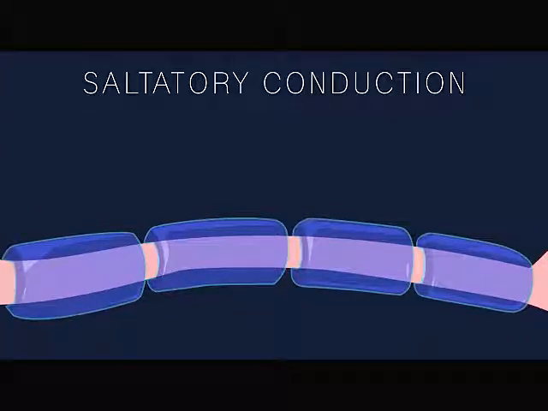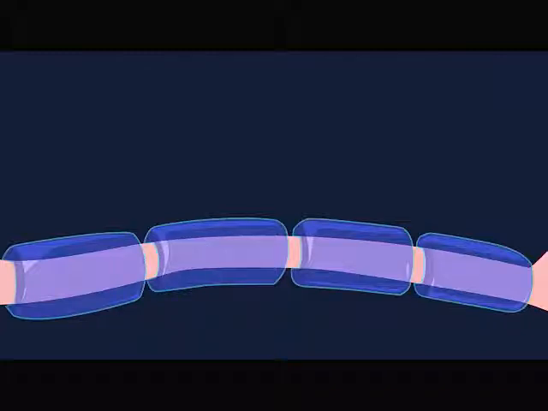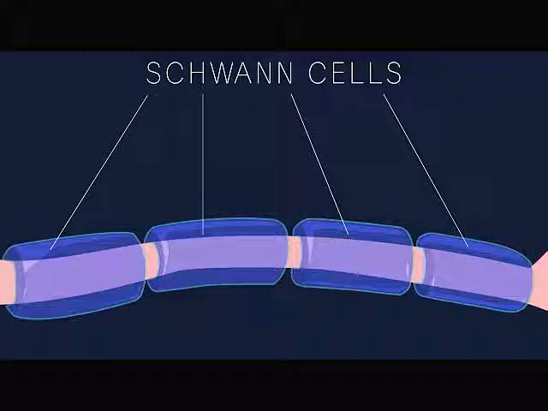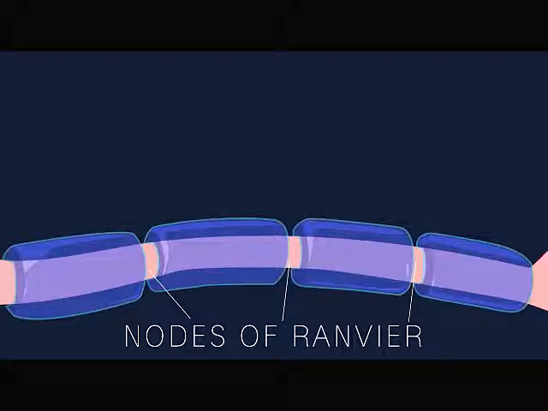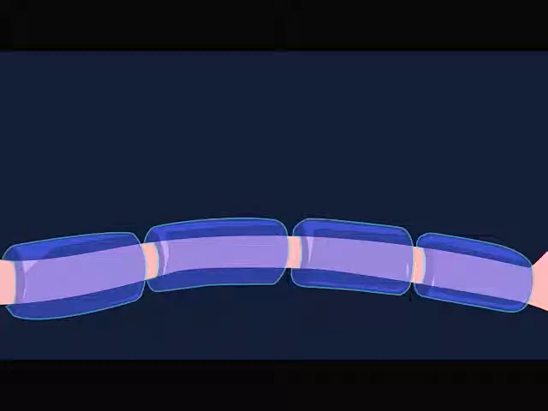The more the covering, which you call myelin sheath, the faster the conduction of the impulse. You talk about saltatory conduction. The action potential has the ability of jumping from one node of Ranvier to another node of Ranvier.